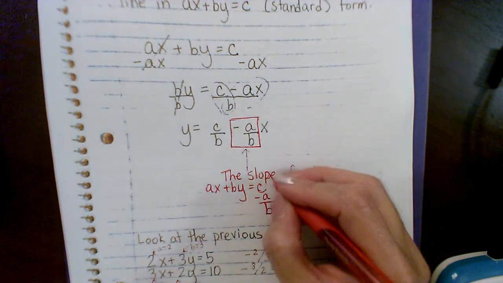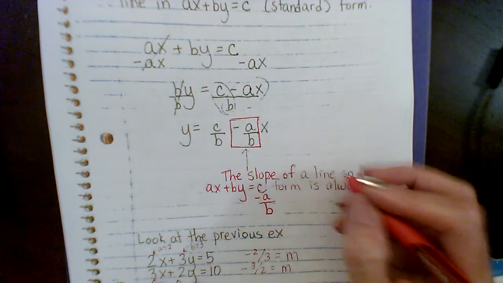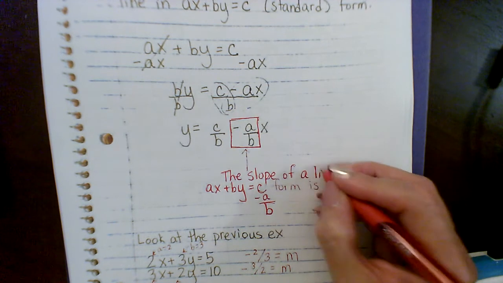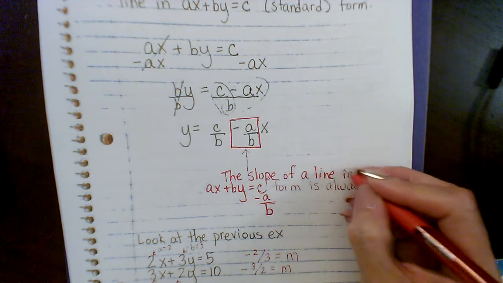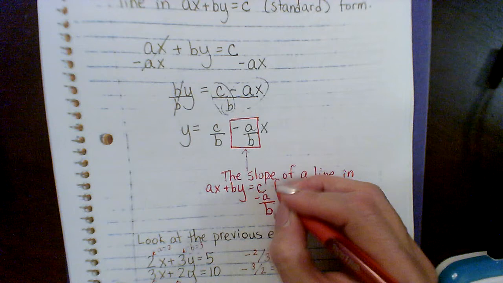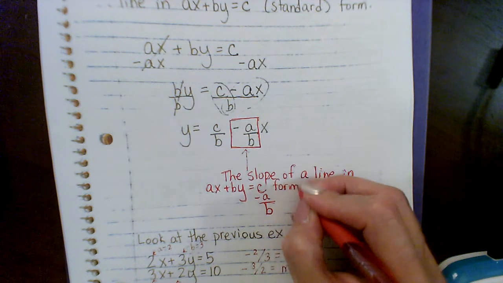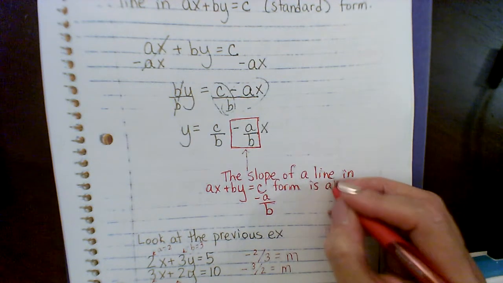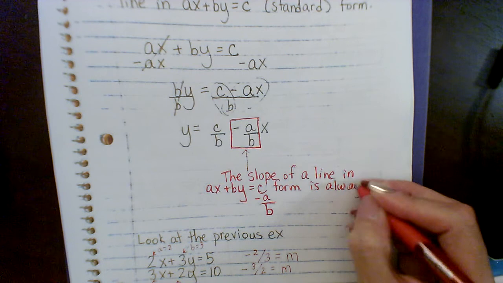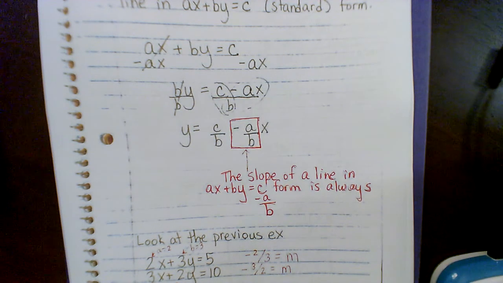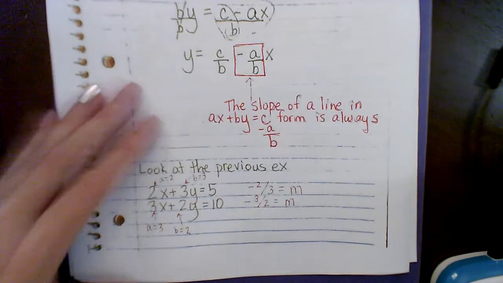That's pretty darn cool. So if we look back at the previous example and identify what a, b, and c are, then we can get to that slope a lot faster than if we were trying to solve it for y and get that y equals mx plus b form.